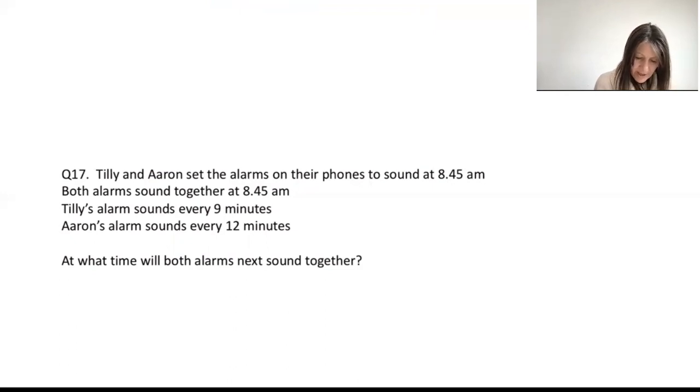Okay, so the alarms are going to go off at 8:45, and then Tilly's is going to go again every 9 minutes, and Aaron's snoozing for 12 before he hits snooze a second time, assuming they're in bed waking up in the morning. So what time will they both sound again together?